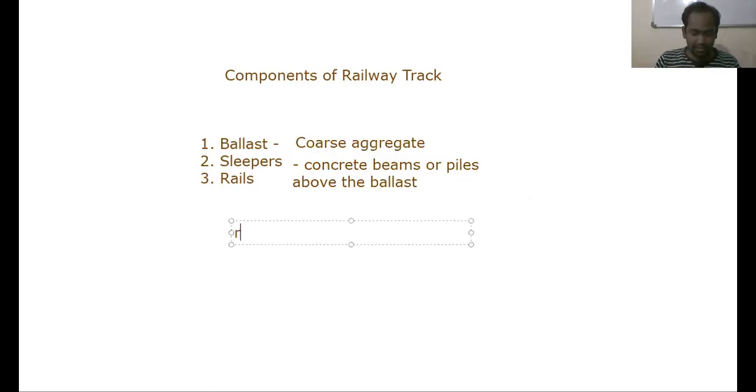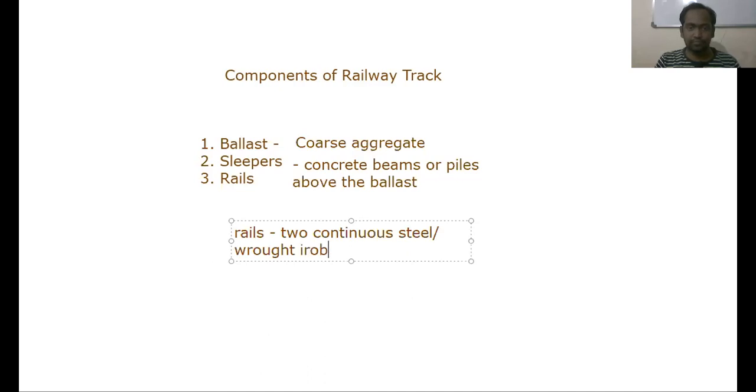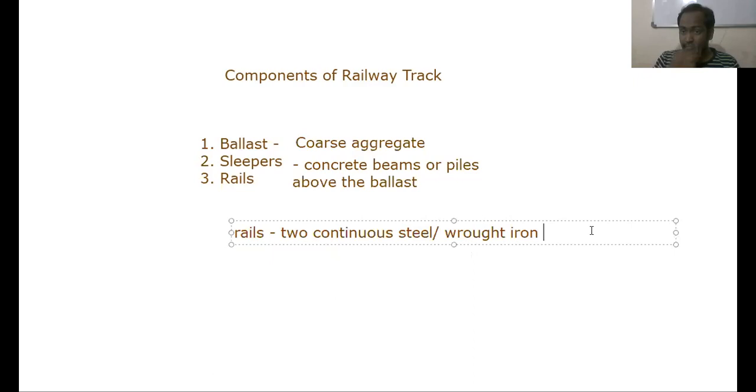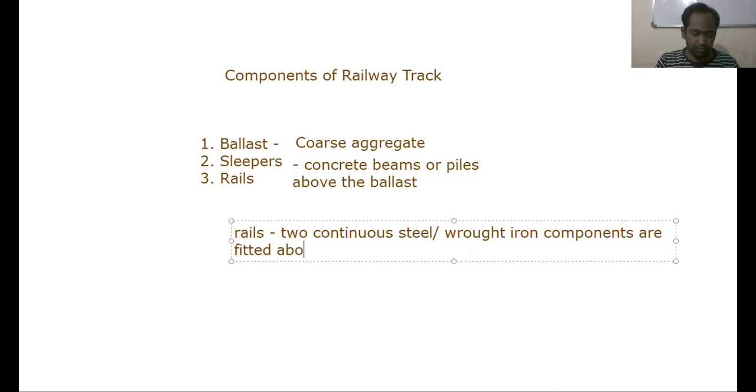Rails are nothing but two continuous steel or wrought iron beams or components fitted above the sleepers, upon which trains can travel or move.